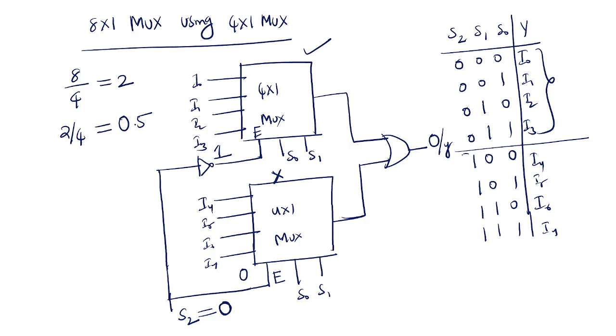When S2 equals 1, this becomes 0 and is inactive, and this is active. So you are getting the input from I4 to I7, either this or that. This is given to the OR gate.